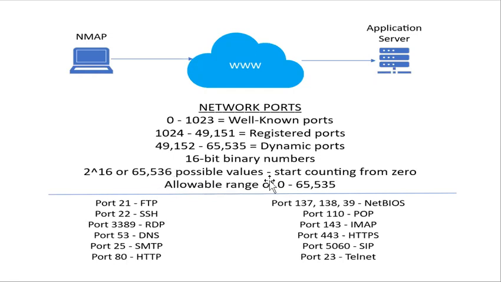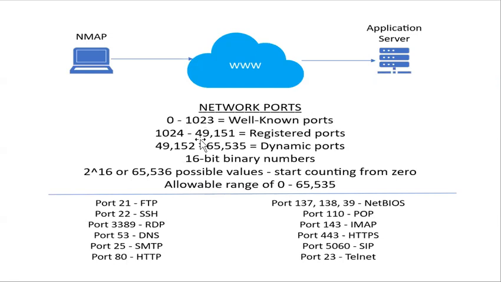If you count from 0, you have an allowable range of 0 to 65,535 ports. As you can see here, they are broken down into 0 to 1023, which are the well-known ports. That's the category where your port 21, 22, 53, port 80, or 443 falls.